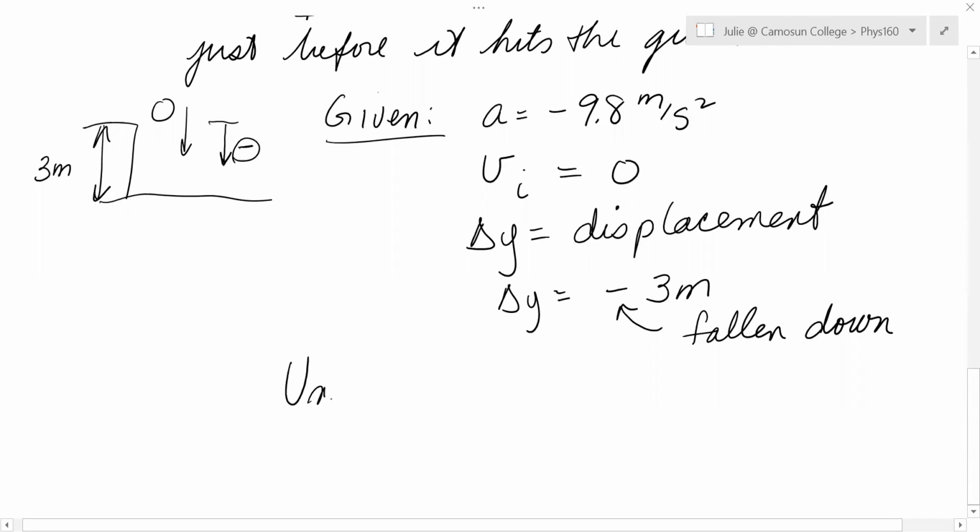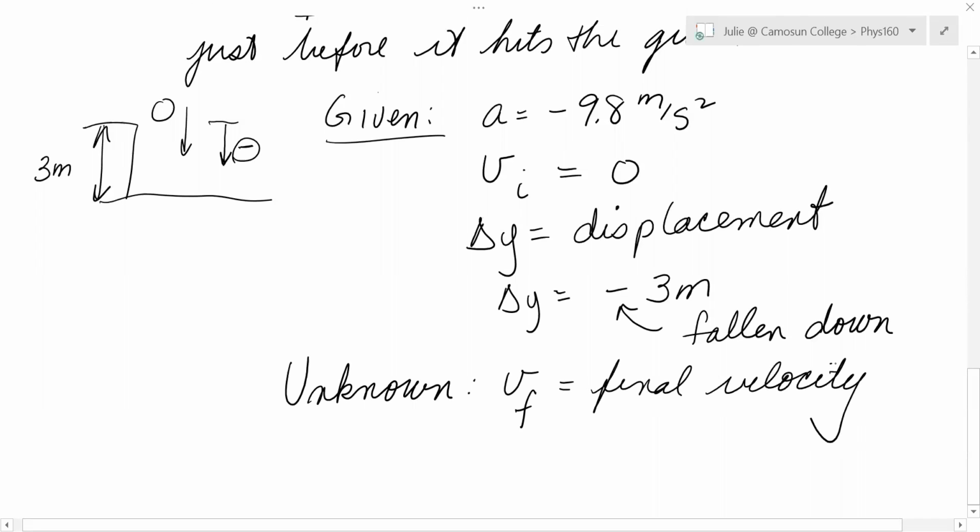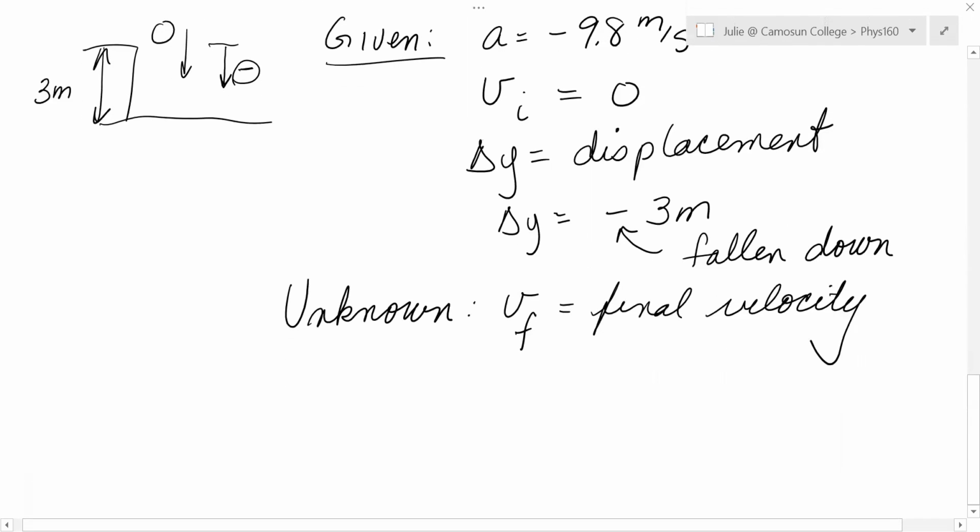The unknown is the final velocity. And that would be the velocity just before it hits the ground. Okay, so now we choose our equation that is missing t.